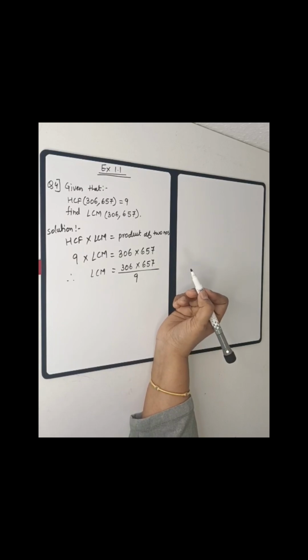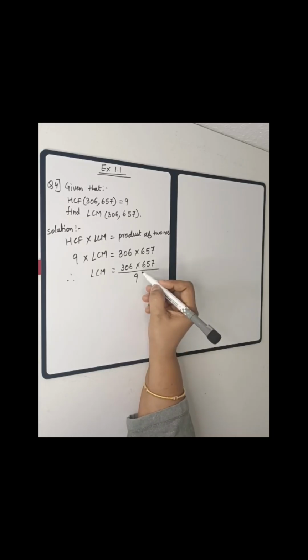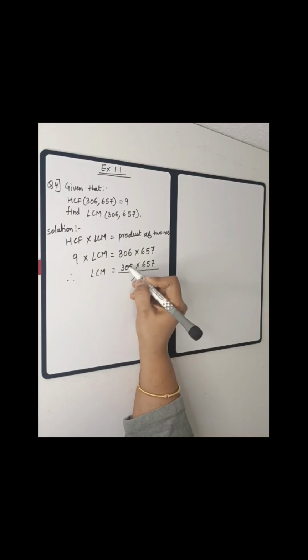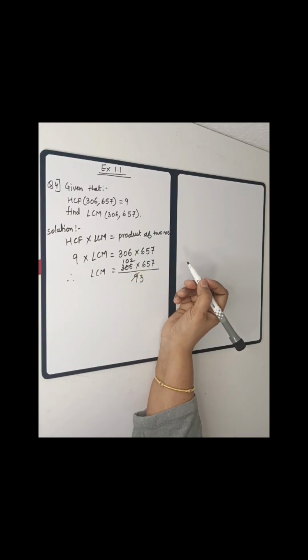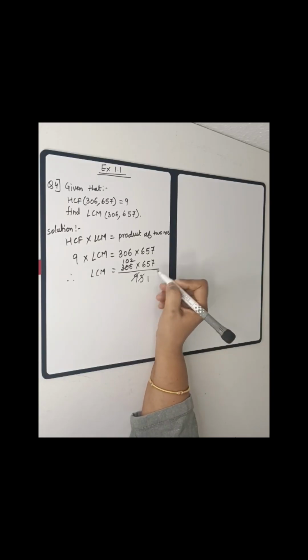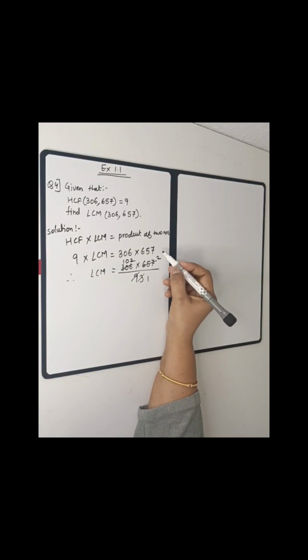So how you will get this? If you try to divide this, this is done by 3, then 3 ones are 1, 0, 3 twos are 6, and again you can do it by 3, 3 twos are 6, then 3 ones are 1, so we are left with 2 nines are.